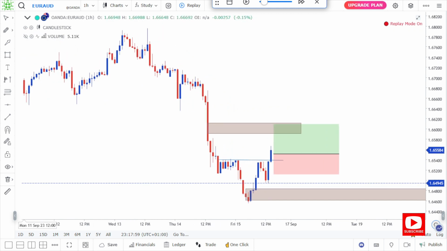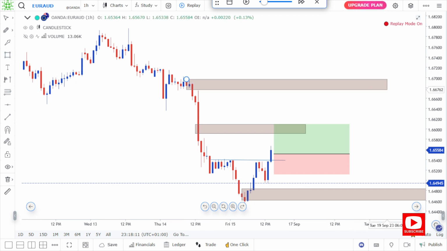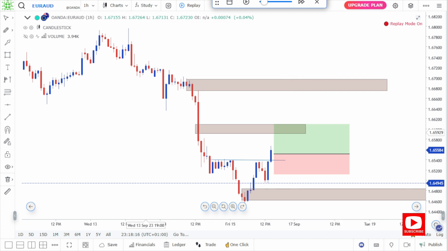Okay, right here in the 1 hour, we can see that there was no zone right here. So we may be thinking that okay, let's place our take profit in this 1 hour zone. We need to know that head and shoulder pattern is going to respect the lower time frame zones before heading to the higher time frame zones.